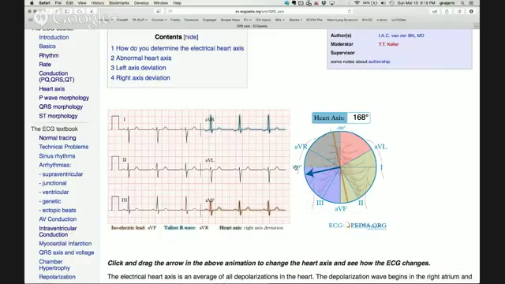So let's look for the one lead of AVF, 3, AVL, and 1, and decide which one has the largest magnitude. Okay, so 1, looking at this portion, this large negative portion.